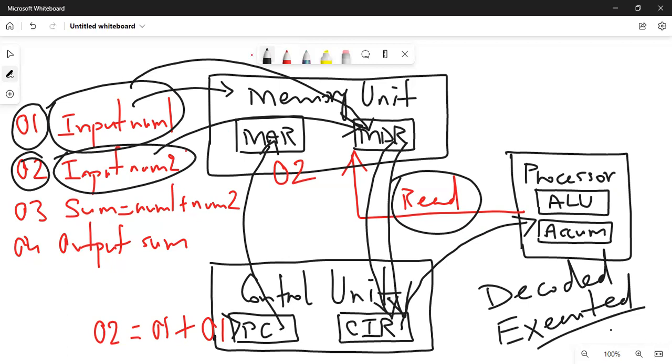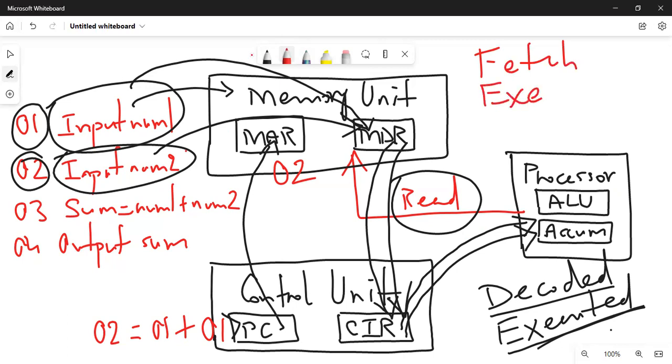From the CIR, the instruction will again move towards the processor, where it will be decoded and finally executed. This is the complete process called the fetch execute cycle. Sometimes we take the full name and call it the fetch decode execute cycle, but in short we simply call it the fetch execute cycle.